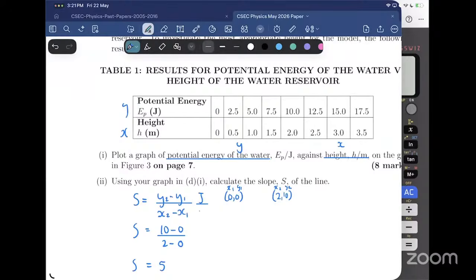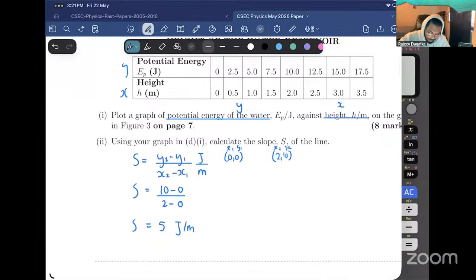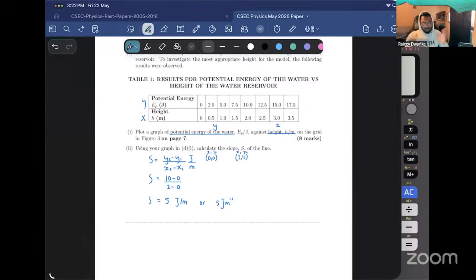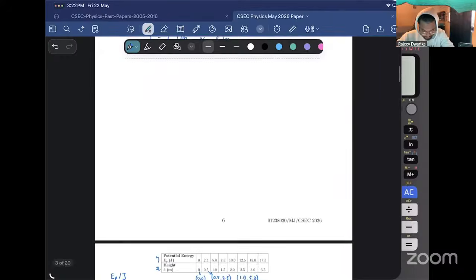Meter. So you could write joules per meter, or you could say 5 joules m to the power of -1. All right. How are you feeling, guys? Good afternoon, by the way. Everybody get a 5? Yes, sir. Okay, that is extravagant news.